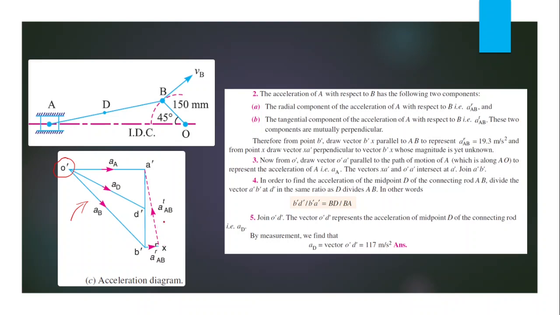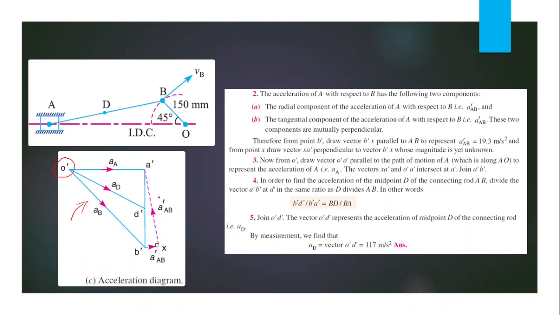Then we can draw the tangential component of acceleration of A with respect to B, and the tangential component must be perpendicular to this radial component, that is, perpendicular to this link AB.